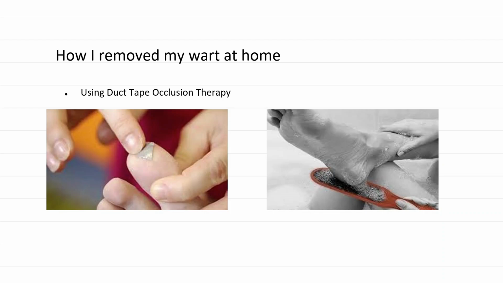Though the wart has gone, it was a nightmare for me, and after I got the wart on my toe, I was completely devastated. I will not be doing that process of freezing and cryotherapy again. But eventually, duct tape occlusion therapy helped me in removing the wart from my toe.